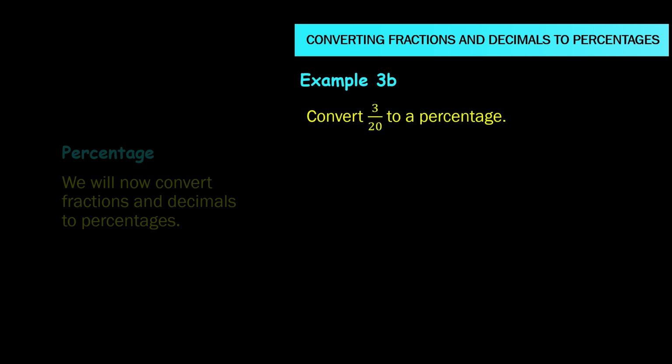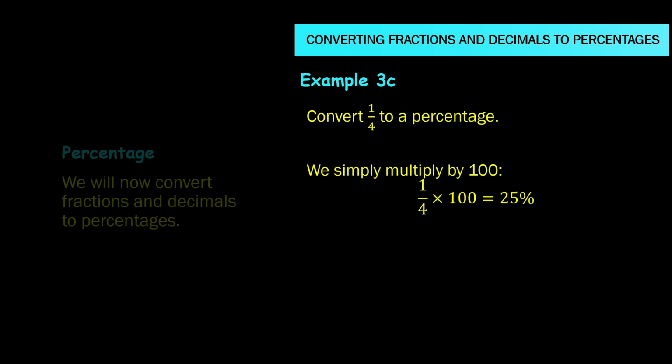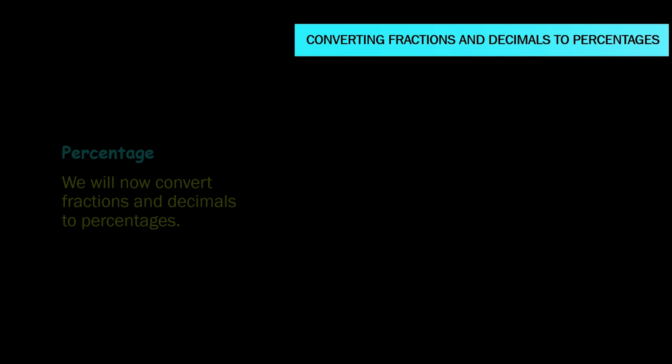To convert 3 out of 20 to a percentage, simply multiply the fraction by 100 to give 15%. And another example. To convert 1 out of 4 to a percentage, simply multiply the fraction by 100 to give 25%.